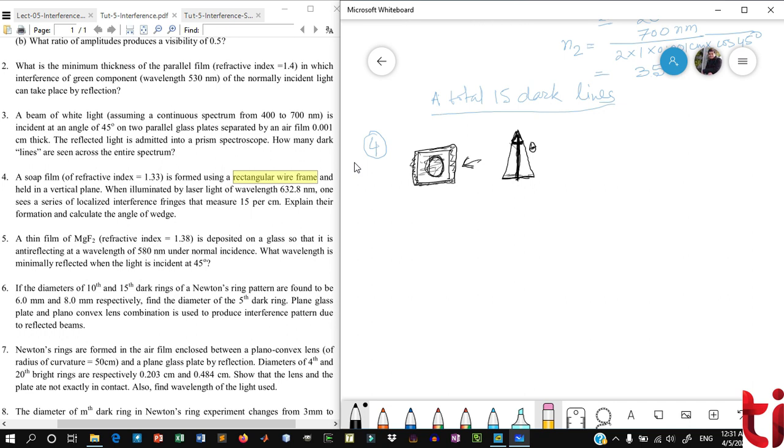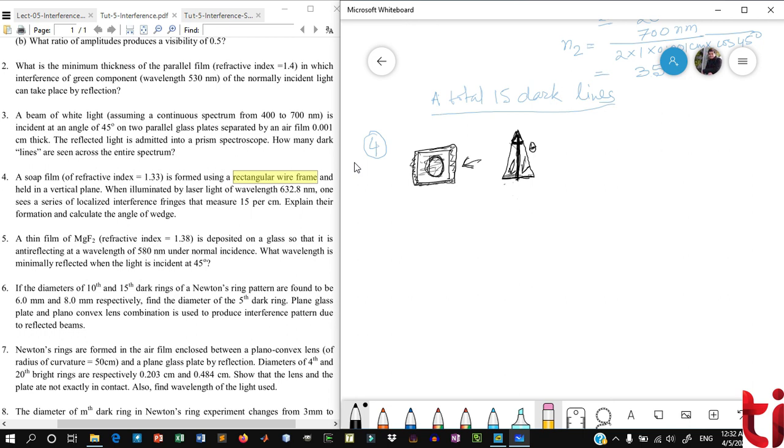And when you put it vertical, then some of the heavier elements or some of the liquid soap would get affected by the gravity, and they would come downwards, and that's how more soap material will be at the bottom compared to the top, and that's how its thickness would grow at the bottom and be less at the top, and that's how it forms this wedge-shaped film.